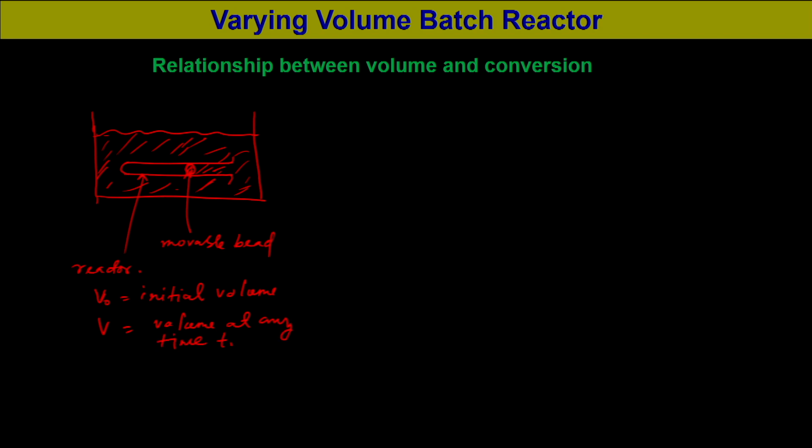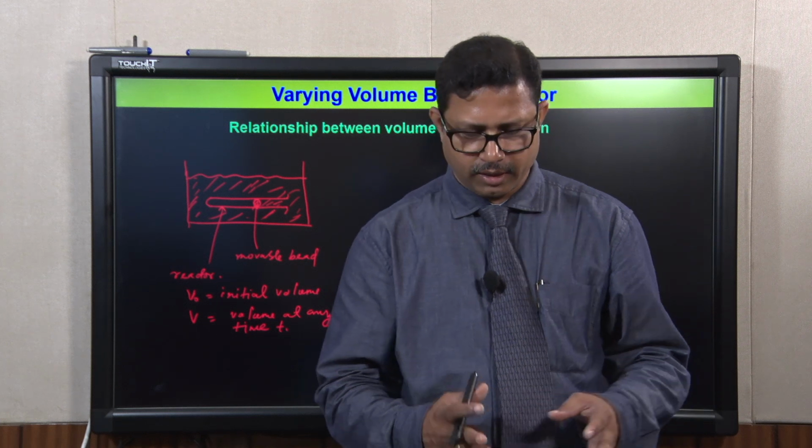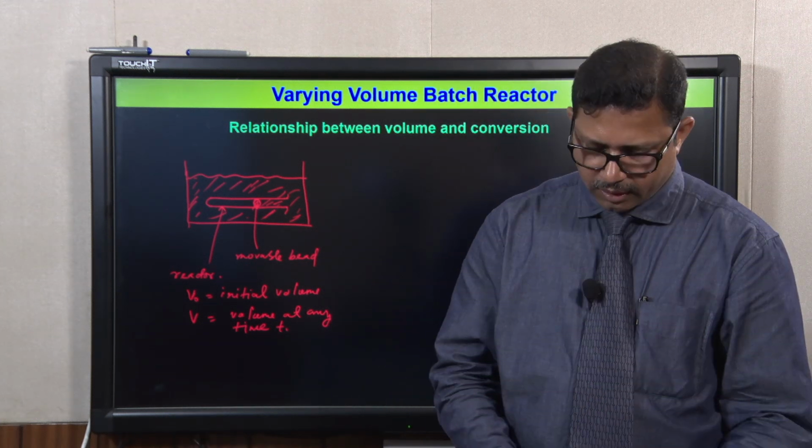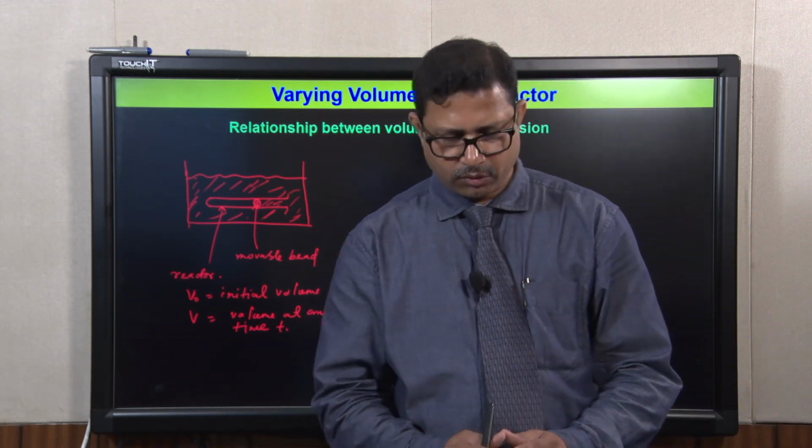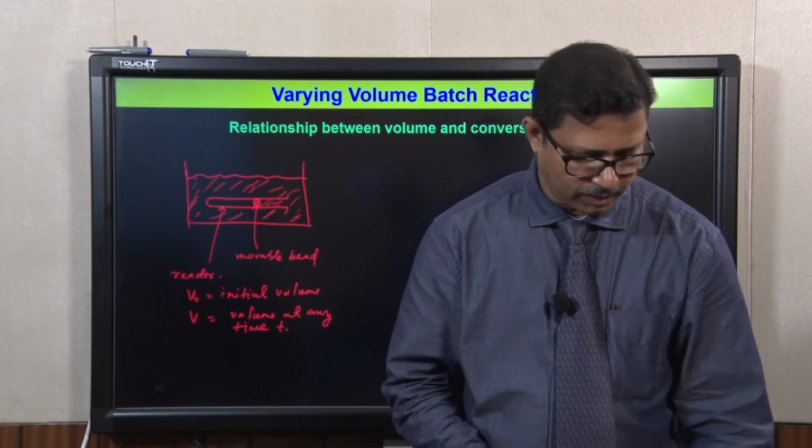So, this is an example of variable volume systems, and in general what we do, we operate this reactor at constant pressure and isothermal conditions. That means, as soon as the reaction volume changes, we move the bead, keep the total pressure of the reactor the same. In general, we operate this reactor isothermally.